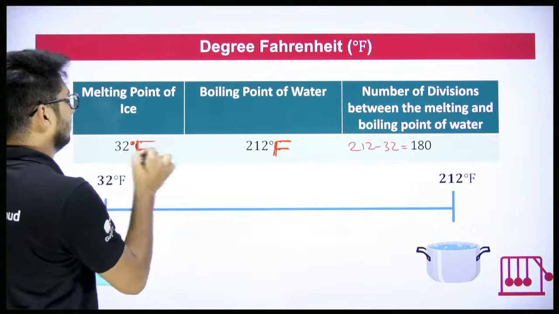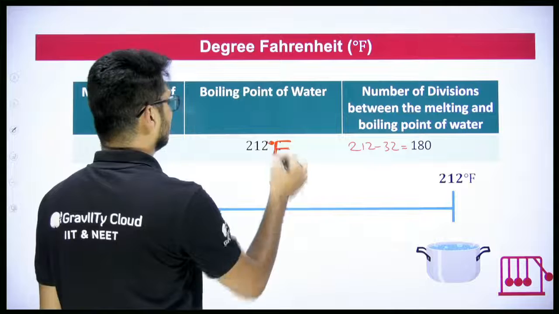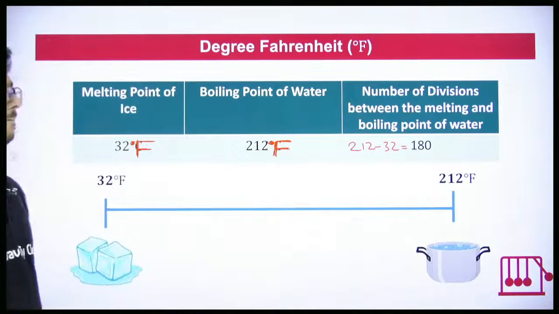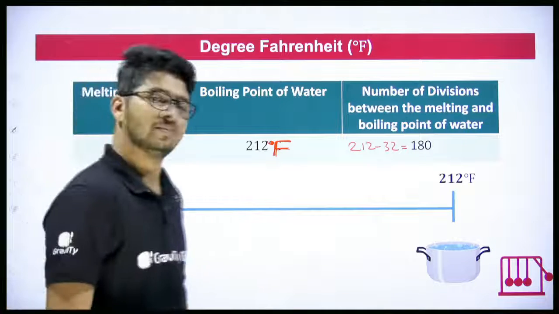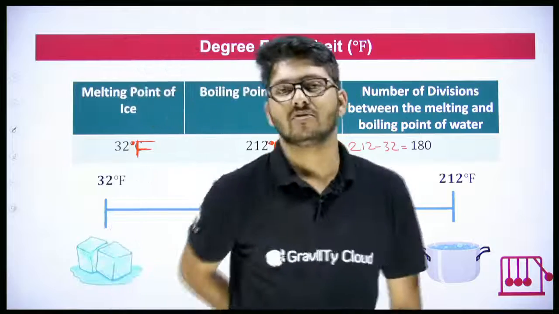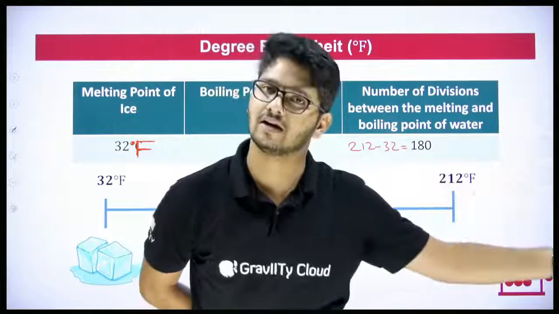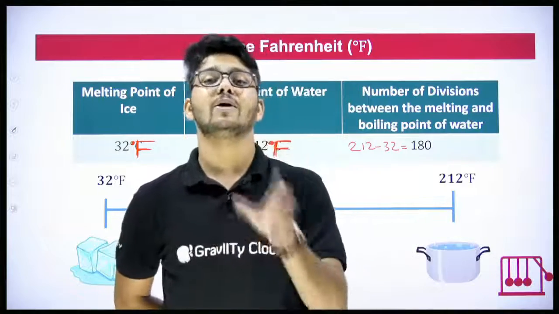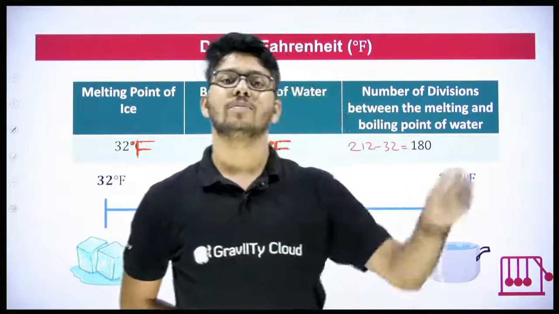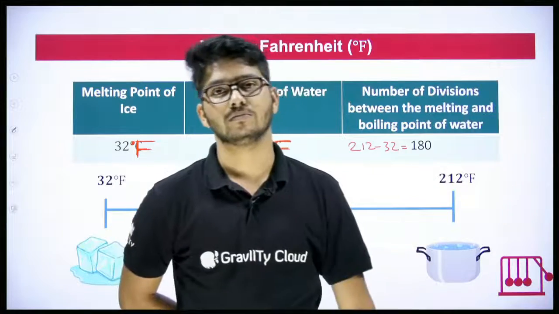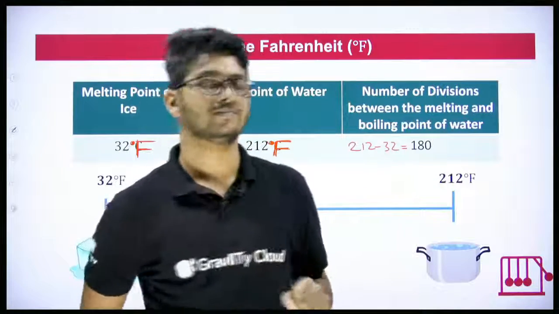Degree is very, very important. These are some things that we have to remember. No option. For Celsius, the melting point of ice is 0 and the boiling point of water is 100. For Fahrenheit, the melting point of ice is 32 and the boiling point of water is 212. You have to remember.